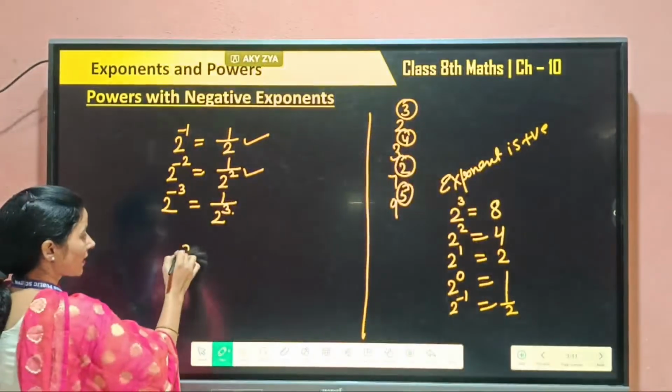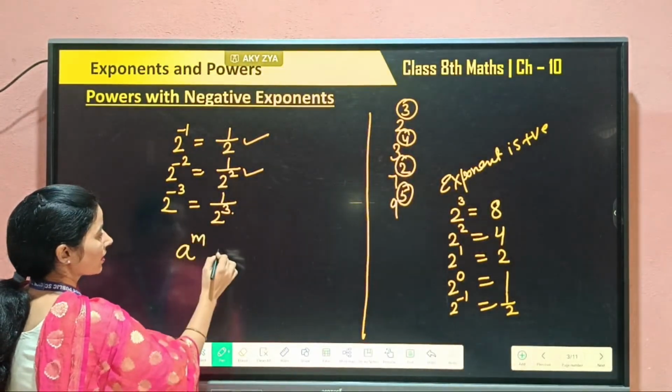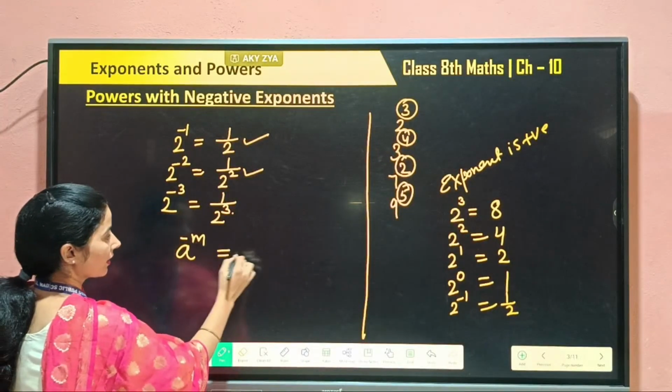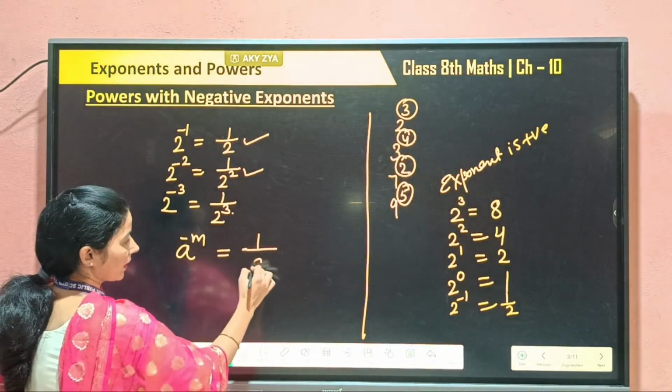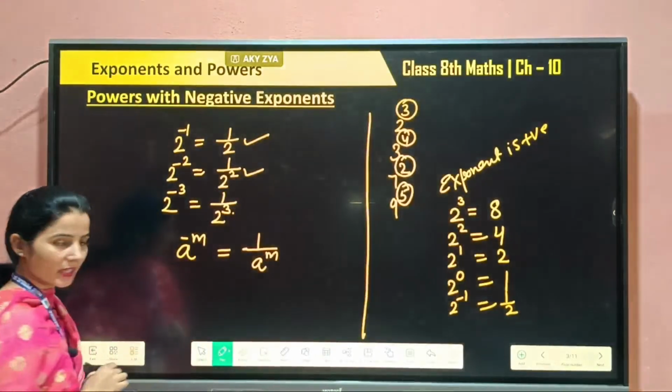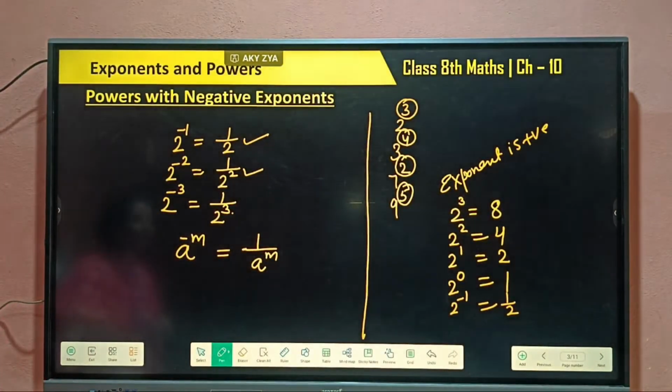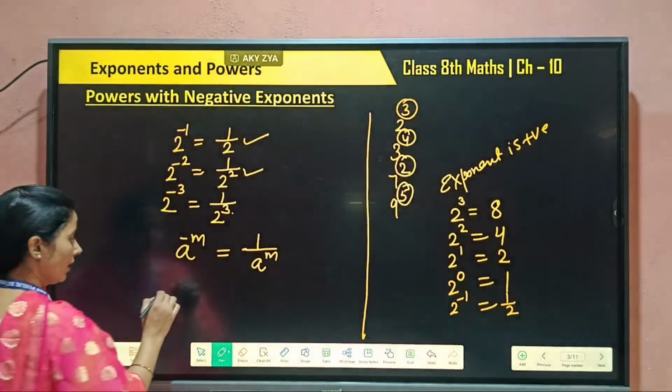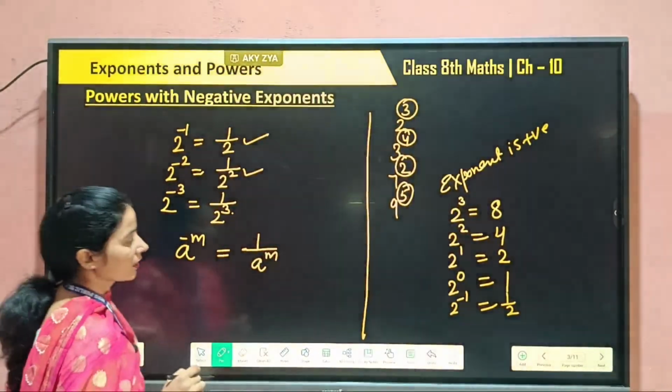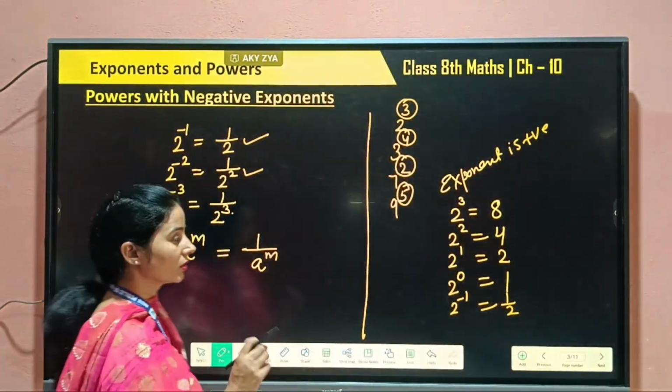Now, if I say a raised to power minus m is there, then it will be a raised to power plus m. This is called its multiplicative inverse.